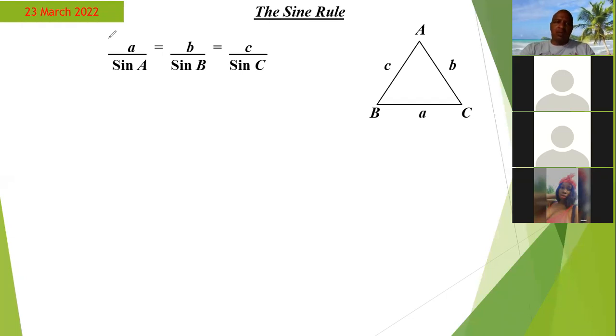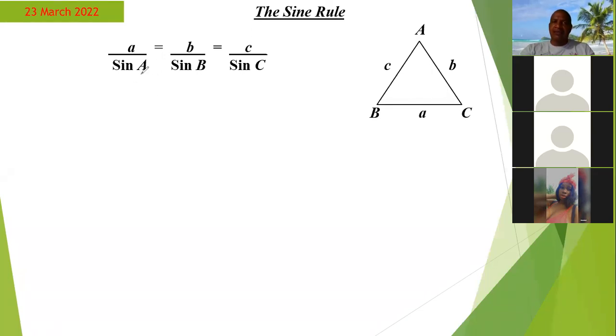Now, with the sine rule, based on the combinations that we are given, we may not need to equate all of these three ratios. Oftentimes when we're using the sine rule, we will only choose two ratios based on what sides we are finding.